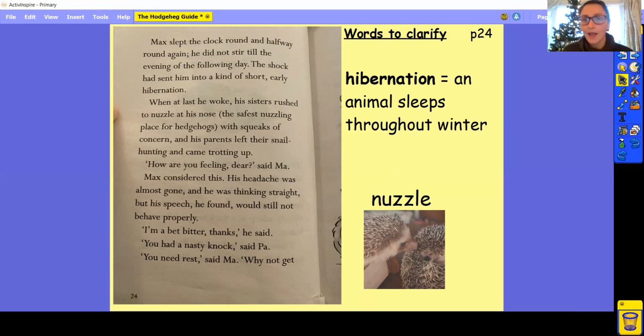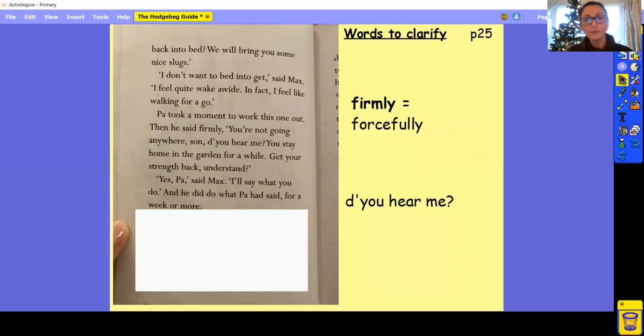Okay, welcome back. Make sure that you do read all this, because it's going to help you with our next section of this work. Then we've got the next bit, so we're going to clarify these words. We've got firmly. Can you say it? Firmly. In the context of this book, firmly means to say something forcefully. They have no choice in it.